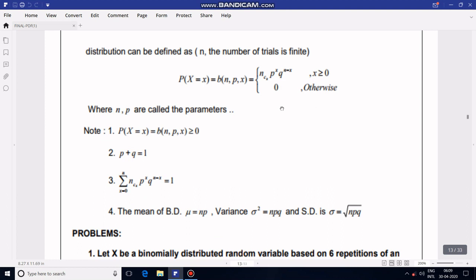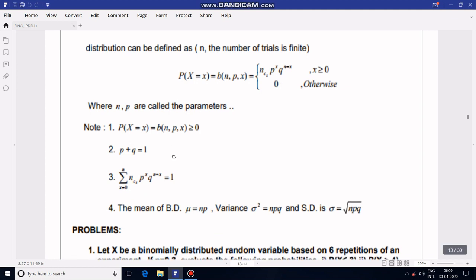The important points to be remembered in binomial probability distribution are, first, p of x is greater than or equal to 0 for all x. Second, the summation over x equals 0 to n of p of x is equal to 1. The third one, p plus q is equal to 1.